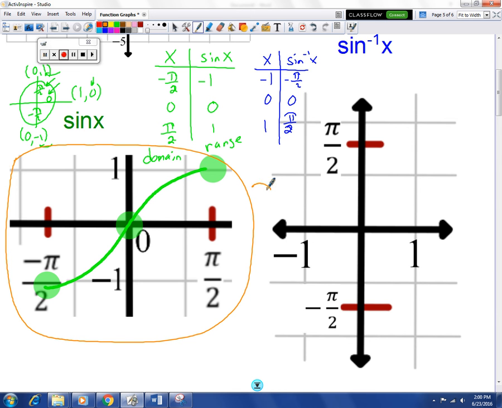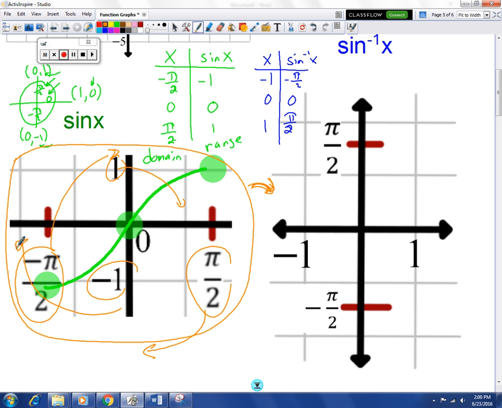I turned it a quarter turn in that direction, which is clockwise, then you flip it upside down. So this negative pi over 2 all of a sudden came up to the top, and this 1 right there went over there, and this positive pi over 2 went down to the bottom, and this negative 1 went over here.